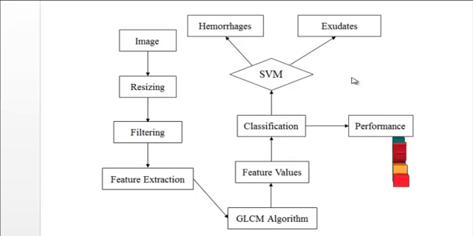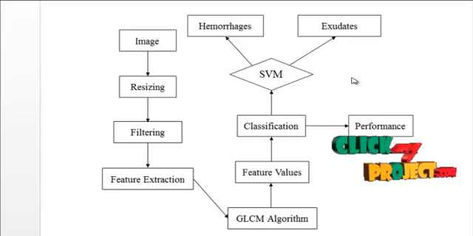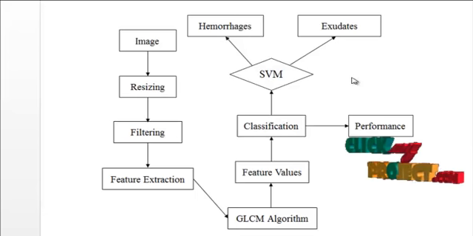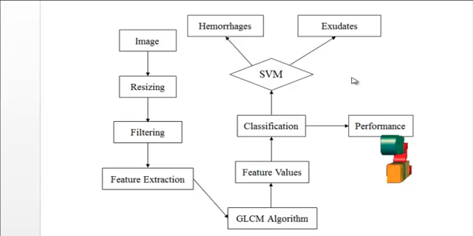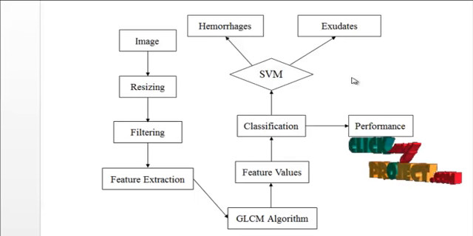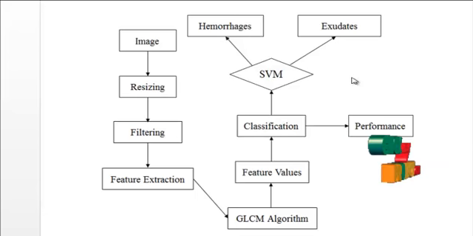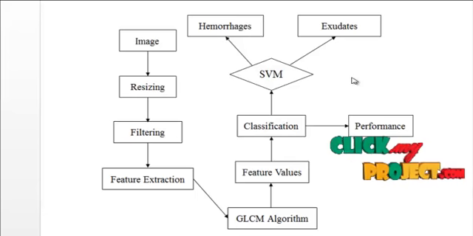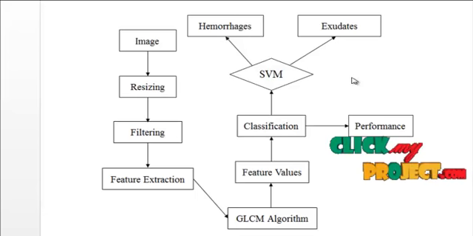Finally, the overall performance of the process is measured in terms of accuracy, sensitivity, and specificity, and segmentation processes are also employed. For normal images, only the optic disc regions are segmented, and for abnormal images the abnormalities are segmented from the images. The blood vessels are also extracted from the images.